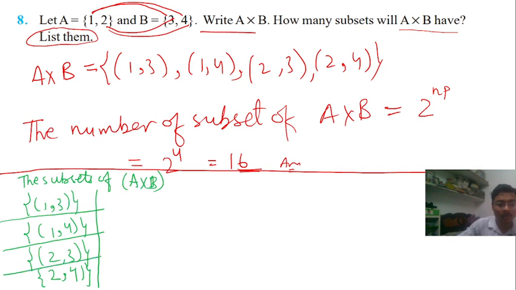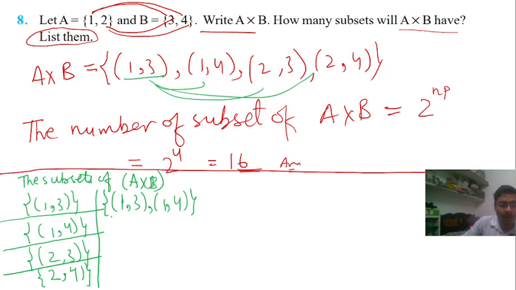Now we will write 2-element sets, that is 1 comma 3, 1 comma 4. We will write 1 comma 3 with this and with this. The next is 1 comma 3, 2 comma 3. Next, don't forget to close this, because this is just 1 comma 3 with 2 comma 4.